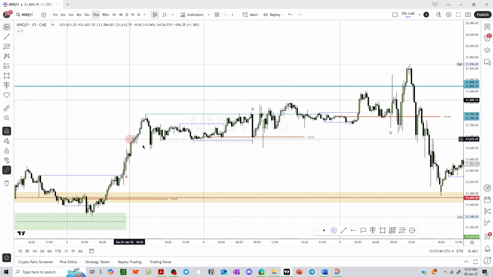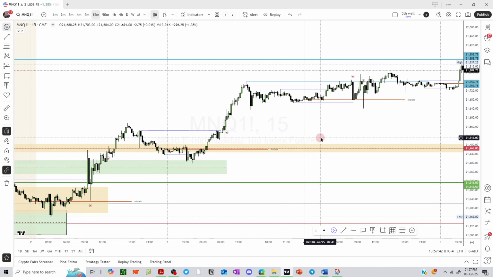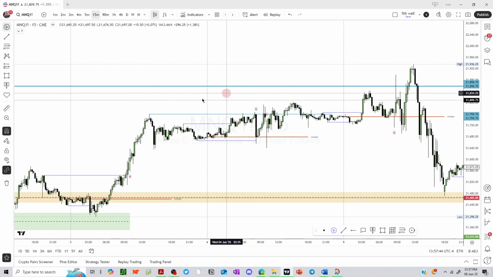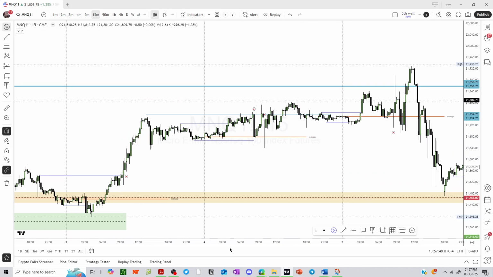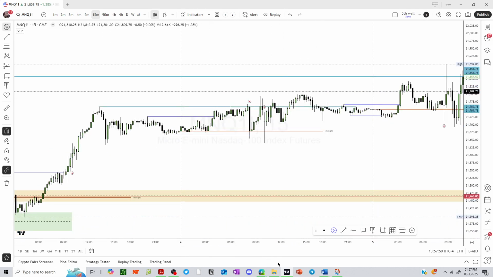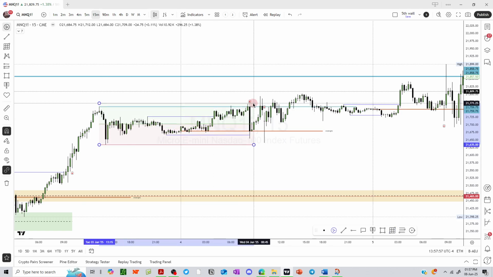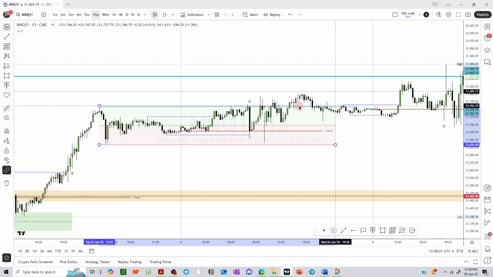So for this time block, for this day, because it's a tight range, this 15-minute will become the higher time frame chart. And same protocol, discount to premium, discount to premium here.